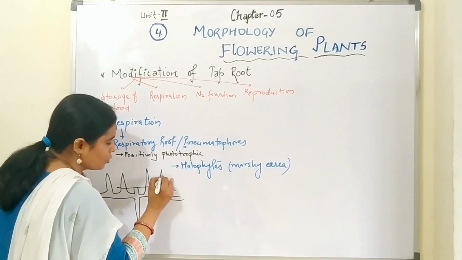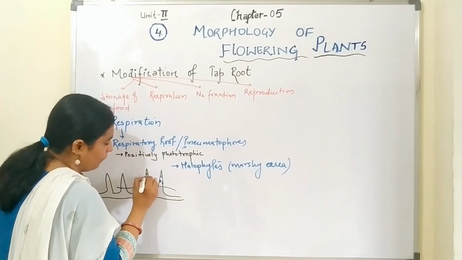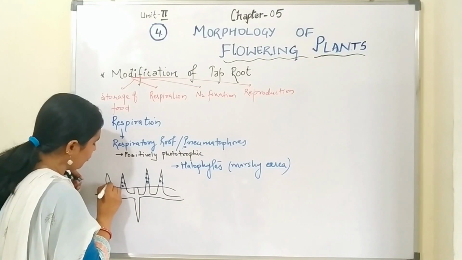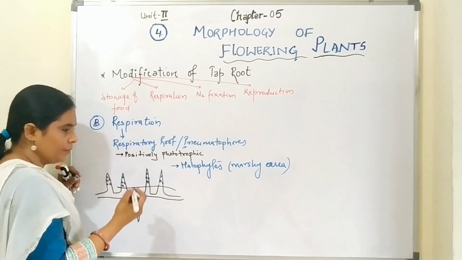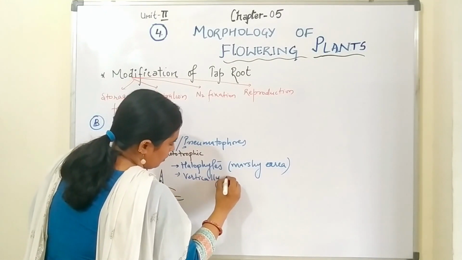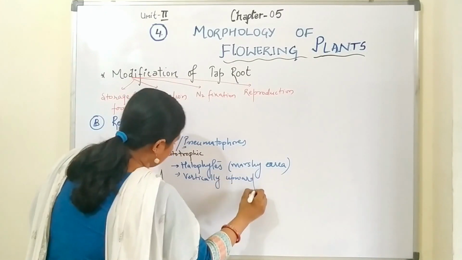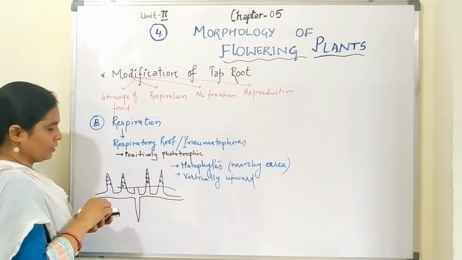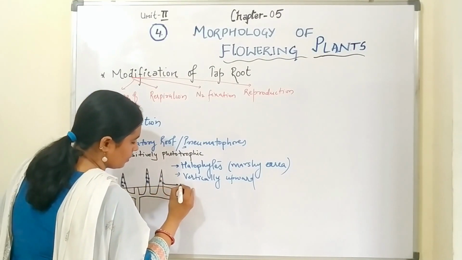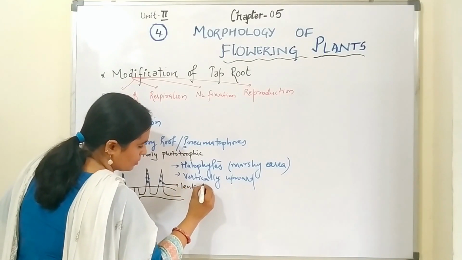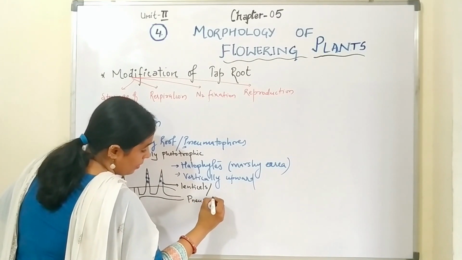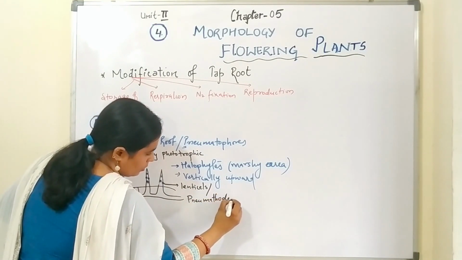And these roots will have pores on them. So they grow vertically upward. These pores on the roots are called lenticels or pneumatodes.